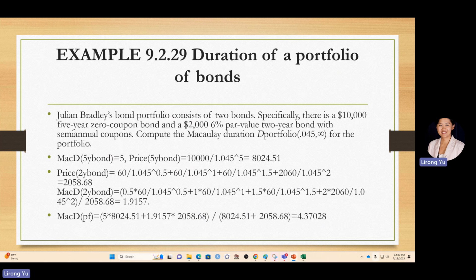Okay, so we find the weighted average of those Macaulay durations of each bond to get the total Macaulay duration of the portfolio, which is 4.57, a little closer to 5 than to 2.